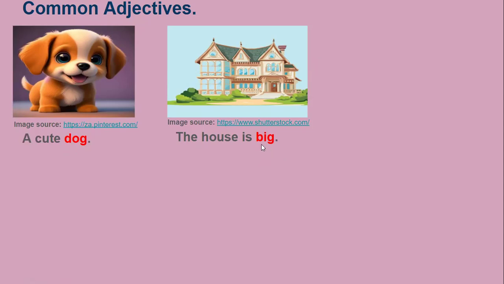So big is an adjective in this case. It means the size of this house is large, right? This house is not small, so it is big. All right.